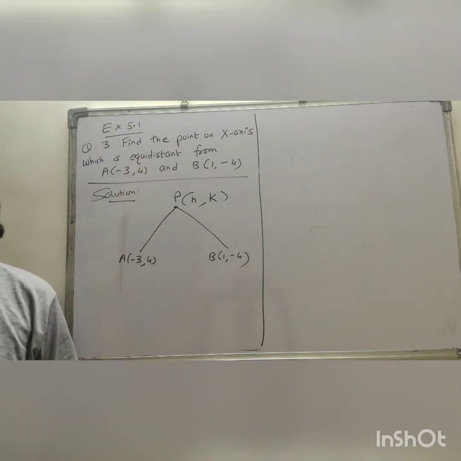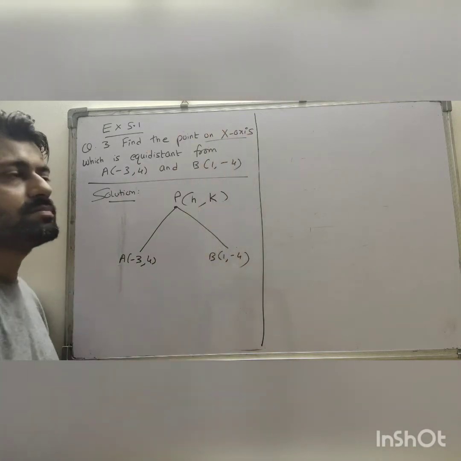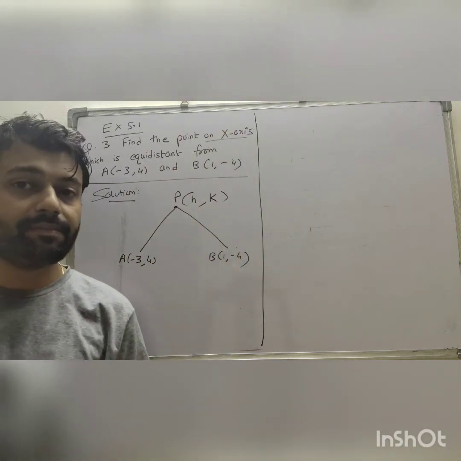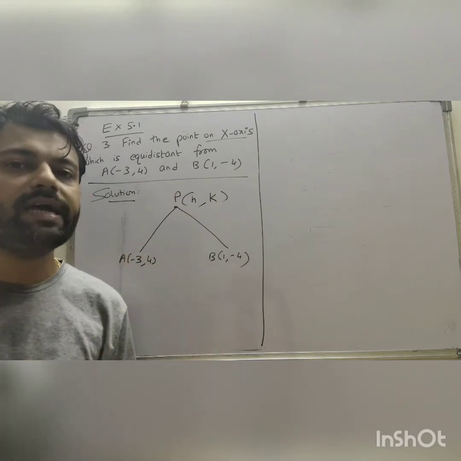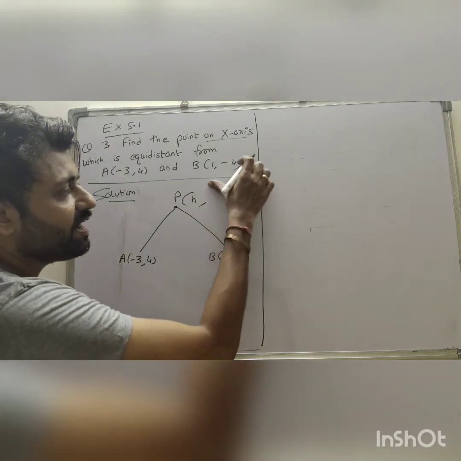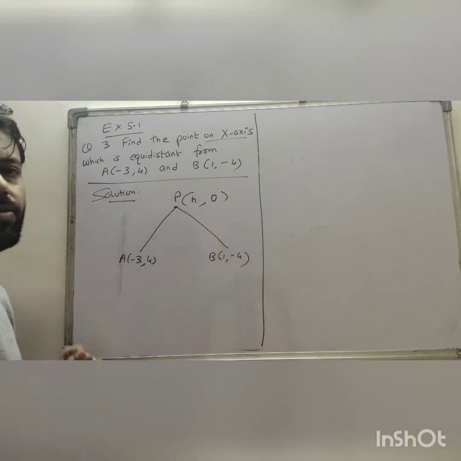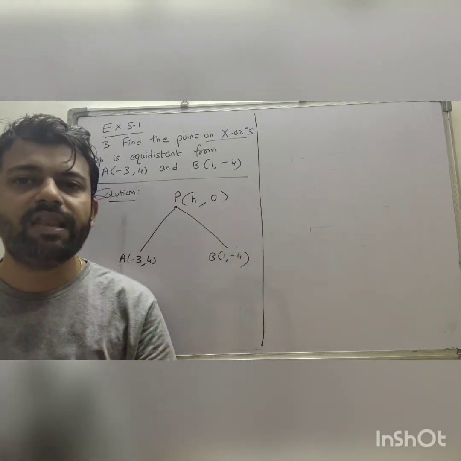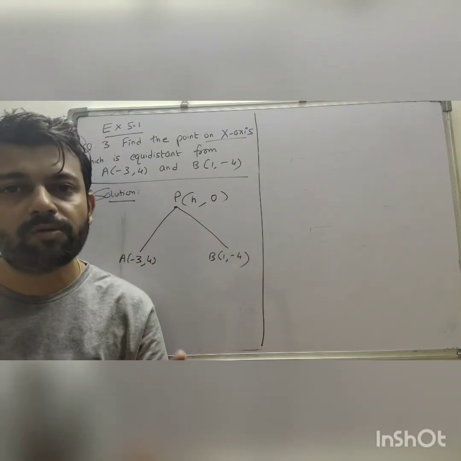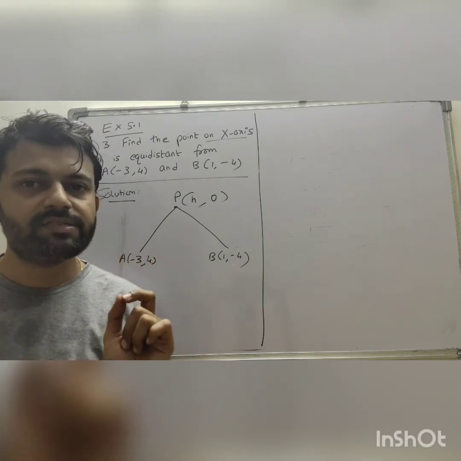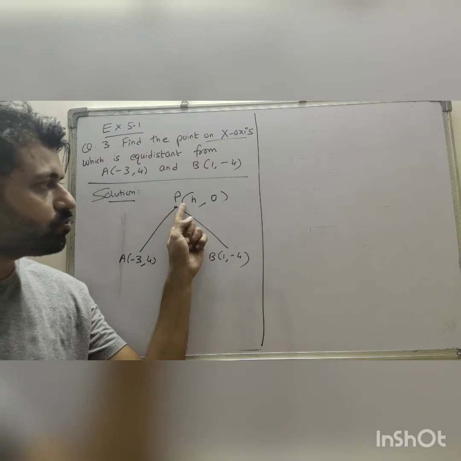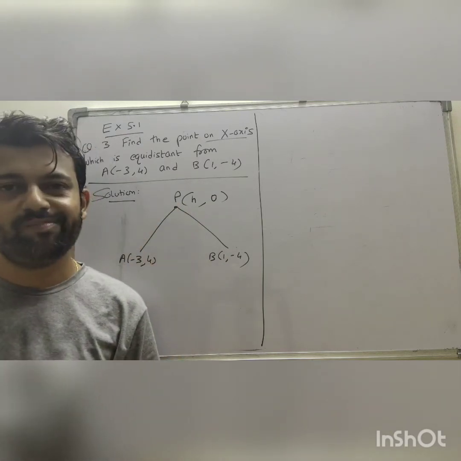In this sum, we have to find the point on x-axis. On x-axis. Remember, students, in 9th standard you have learned that any point on the x-axis will have its y coordinate 0. मतलब ये तो 0 फिक्स है, तो इसको खाली क्या assume किया h.